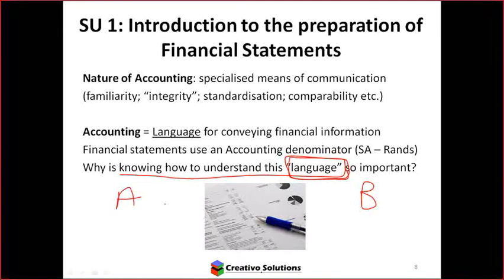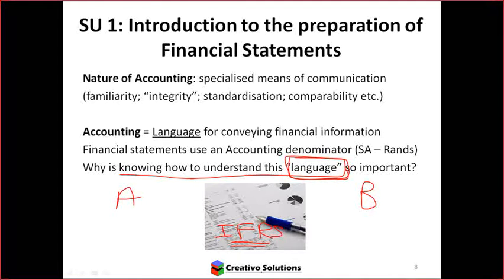So if we've got two different companies, let's say company A and company B, and both companies are following IFRS, should their statements be similar? Yes, they should. Obviously A might be doing better than B, or B might be doing better than A. It doesn't matter how well they're performing.